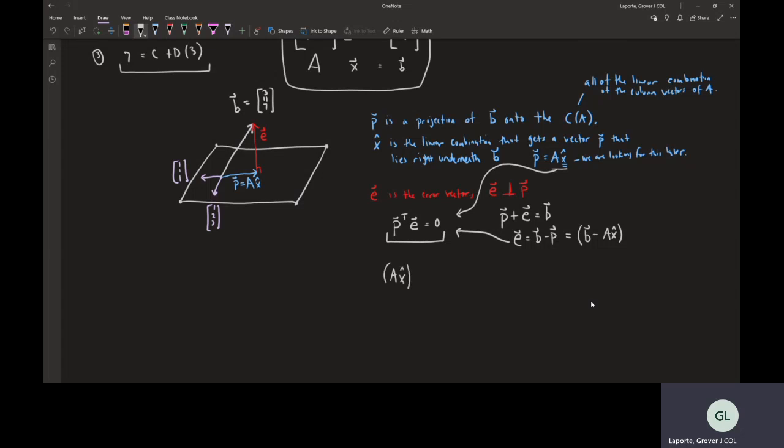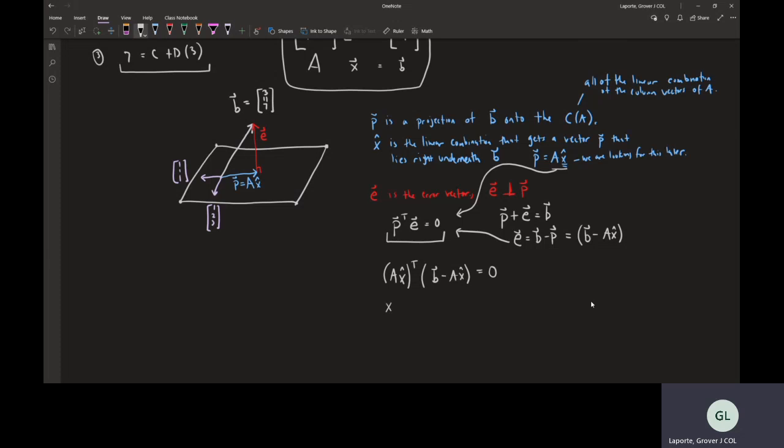And so we know AX hat transpose times B minus AX hat. If we multiply those two, we better get 0. If we get 0 there, then we know that this thing, which was P, is orthogonal to this thing, which was E. And remember the transpose rule.